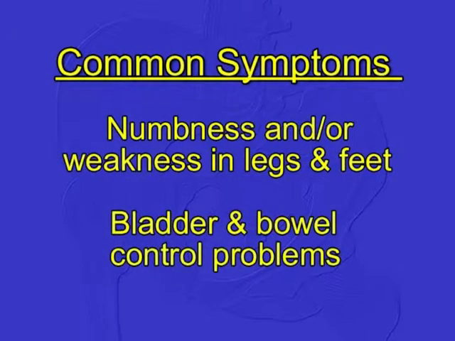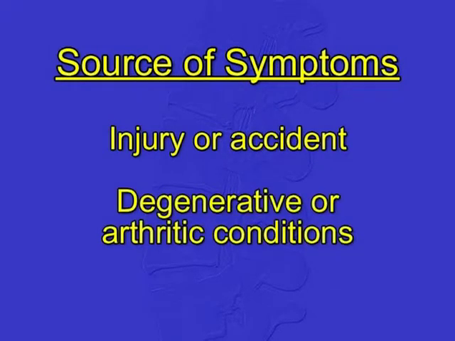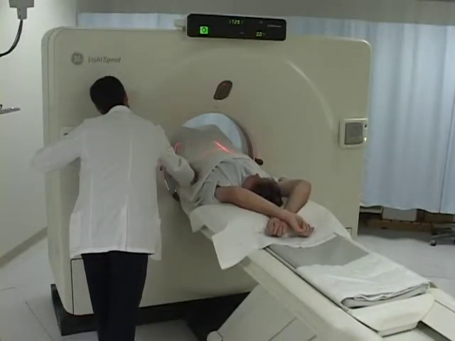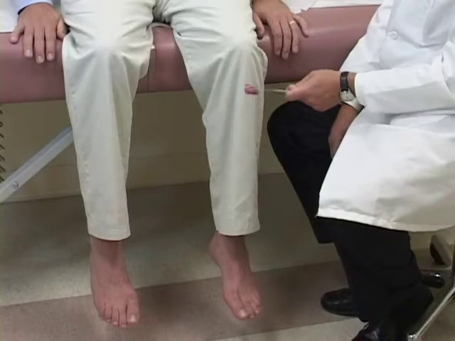These debilitating symptoms can appear suddenly from a related accident, as they did with James, or they can occur gradually over time from degenerative or arthritic conditions. However, when they occur, we know how miserable they can be and how important it is for you to resolve them. That's why you may have gone through a number of tests and exams to best determine the cause of your pain and how to remedy it.